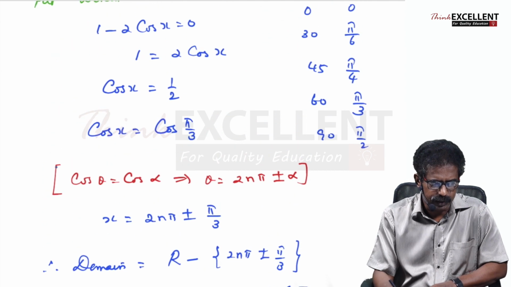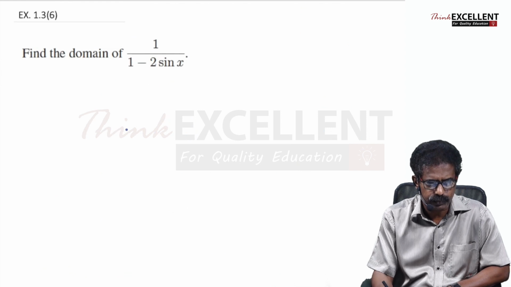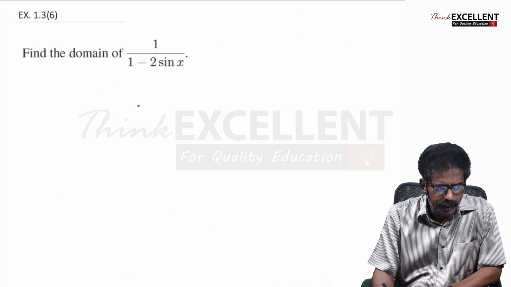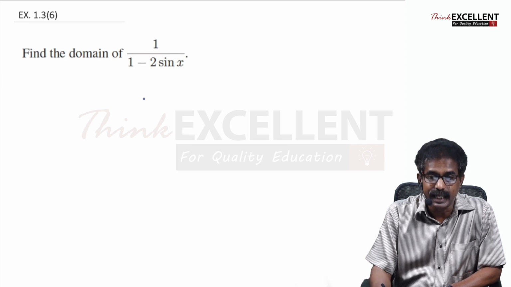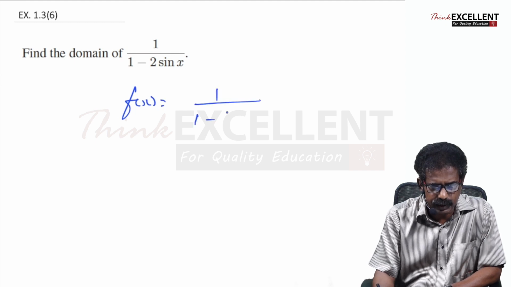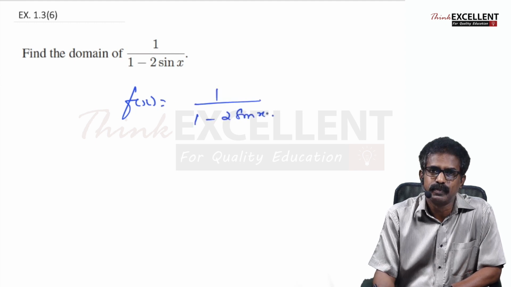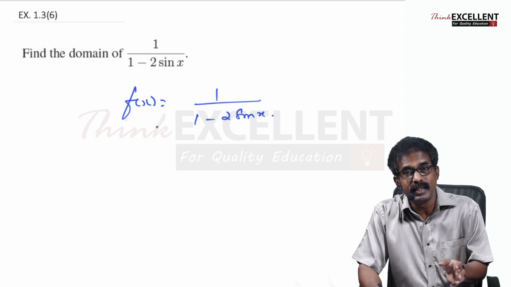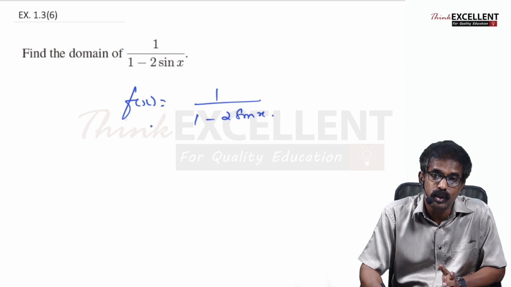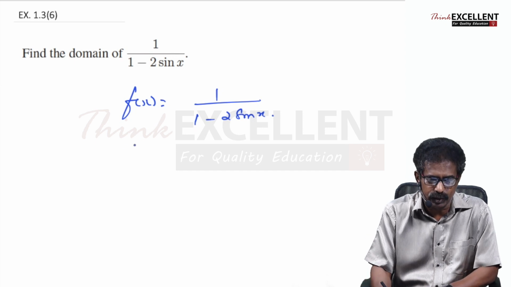Same type, I'll teach another question. Find the domain of 1 by 1 minus 2 sin x. So this is the given function, f of x equal to 1 by 1 minus 2 sin x. Similar question, right? To find the domain, you have to remove the excluded values. To find excluded values, you put the denominator equal to 0.